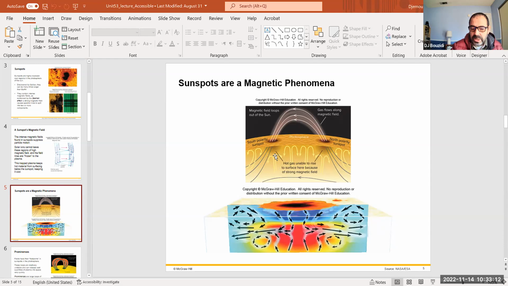That convection doesn't rise all the way to the surface, as it does elsewhere, where it takes all of that energy and disseminates it on the surface, and here it doesn't. So that's why these regions appear cooler than the rest of the regions, hence appear darker, actually, because of their low temperature versus the rest of the sun, which is brighter. So this can be a difference of several thousand Kelvin between the rest of the photosphere and the dark spots, or the sunspots. Okay.